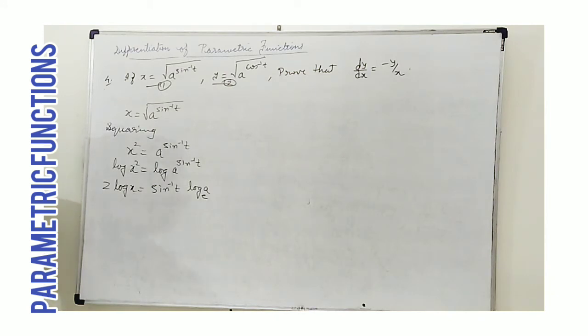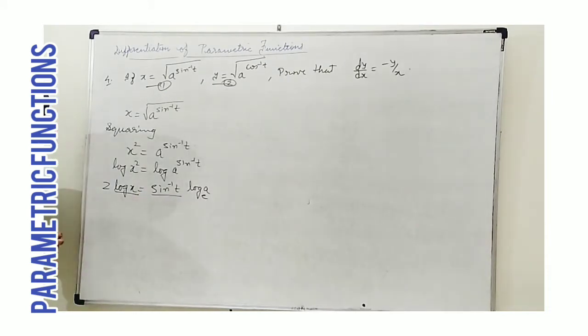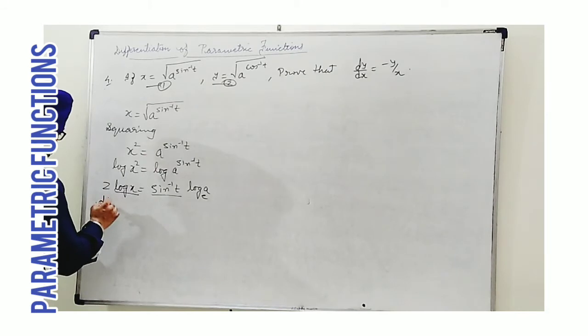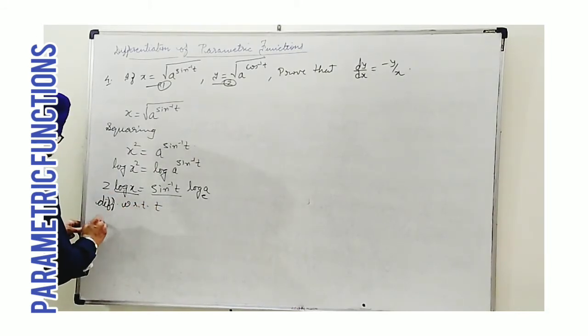If I want to find dx by dt, I can simply differentiate this equation with respect to t, because we have two terms of function, log x and sin inverse t, and the rest is constant. Differentiating with respect to t, I get 2 as it is.